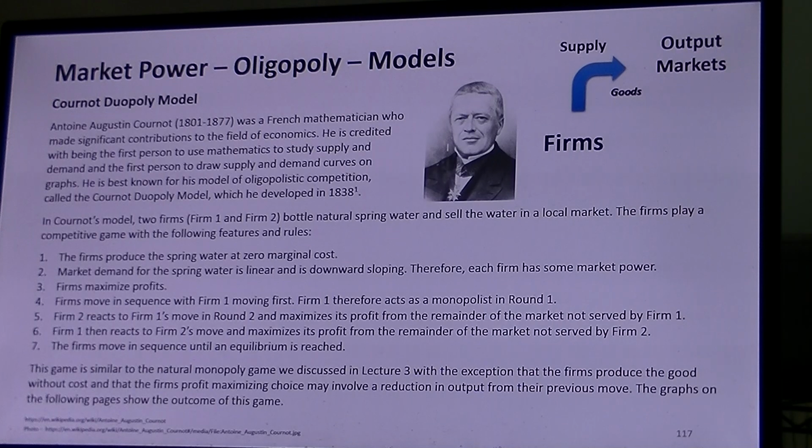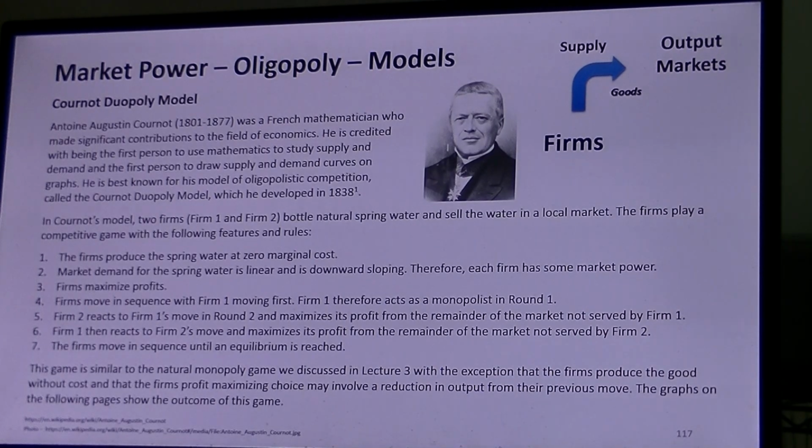So this is a game where, just like before, there's approaching some type of equilibrium. And in this case, we're going to see the movement of the two firms in response to each other's moves.